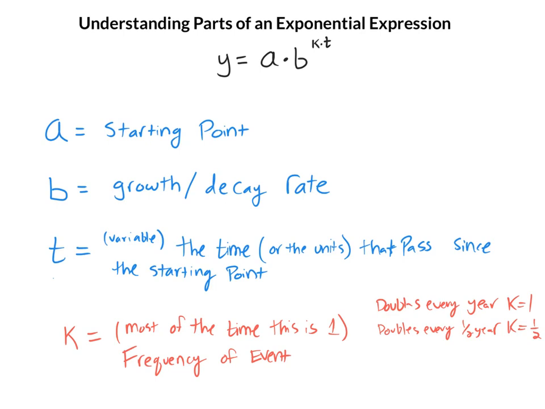If it doubles every 2 years, k equals 2. So you can start to see that k has an impact on how frequently something occurs.